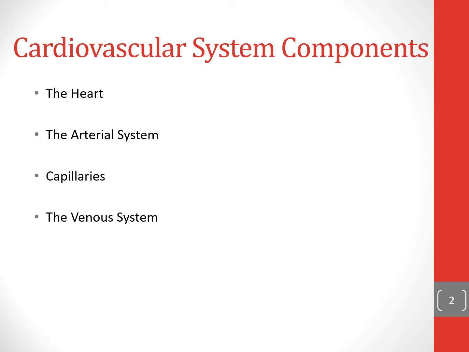The capillaries will serve as a place for us to exchange gases and nutrients and then also pick up waste products. So our capillaries will be located not only in the muscles but also in all of the organs of the body as well. And then the venous system will carry our deoxygenated blood, or the blood that contains our waste products, away from the capillary beds and back towards the heart.